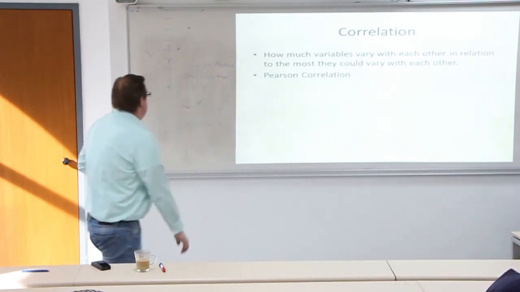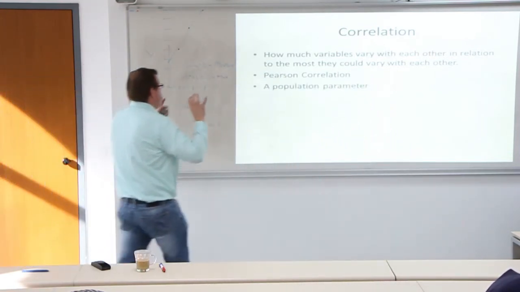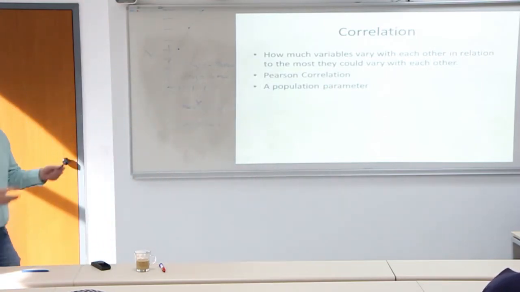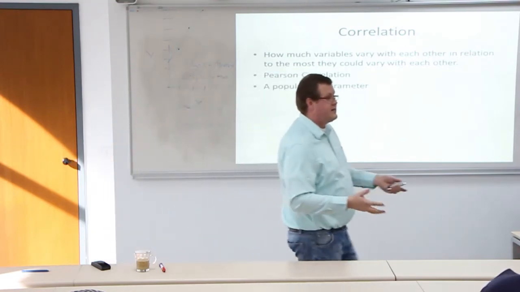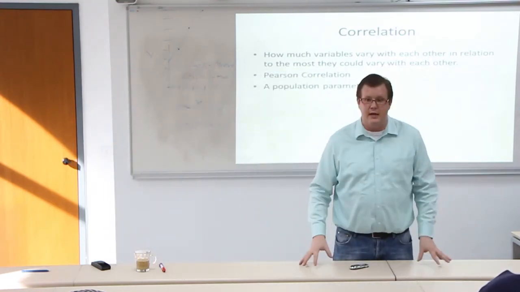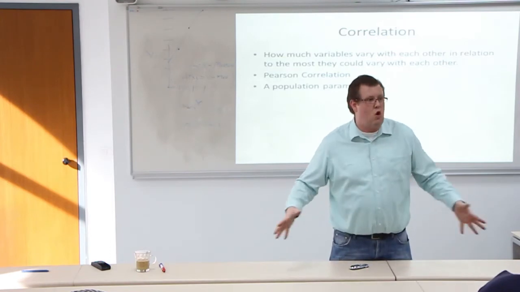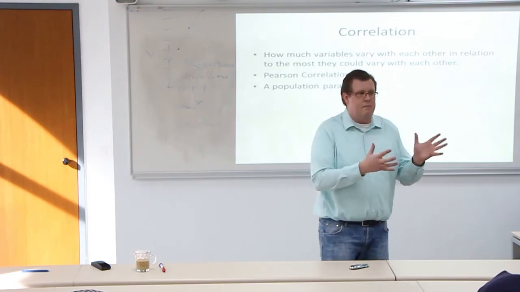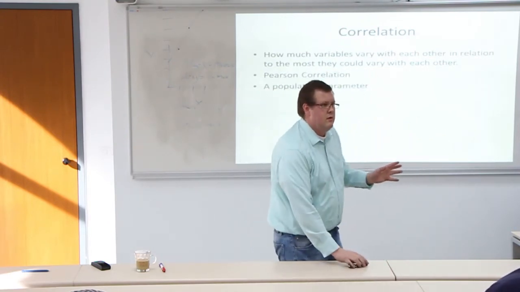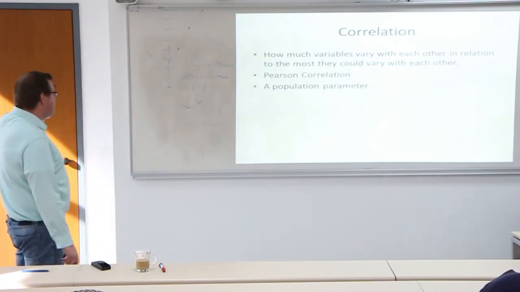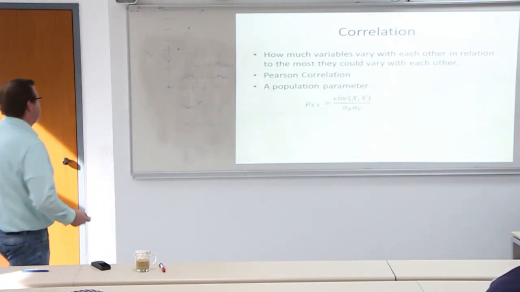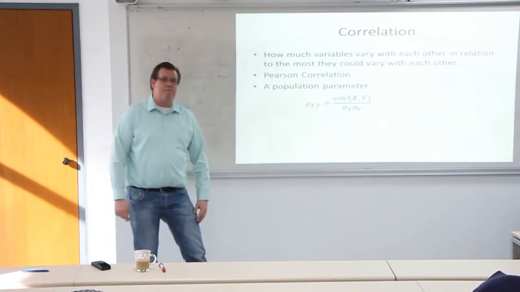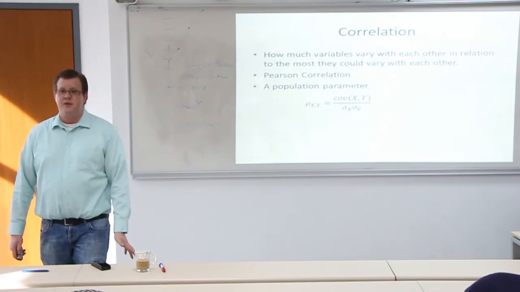All right. So, the correlation, just like the mean, just like the median, just like any other thing that you want to create a statistic for, there is some equivalent to it in the actual population. Right? There is some correlation in the population. Or maybe there's no correlation in the population. But there's something in the population, right? So we have a population parameter. So the formula for the population parameter is this. So this thing that looks like a P is actually not a P. It's a Greek letter.